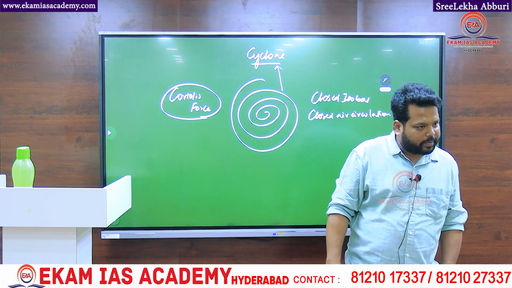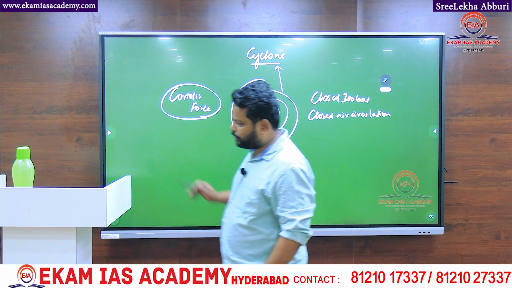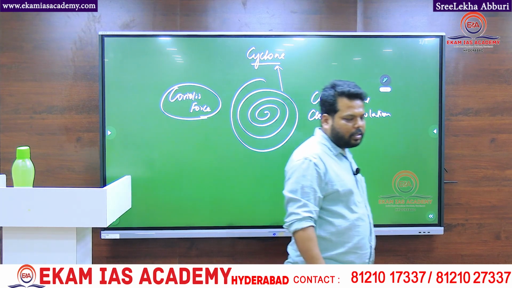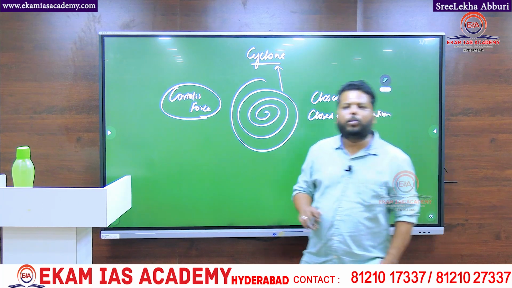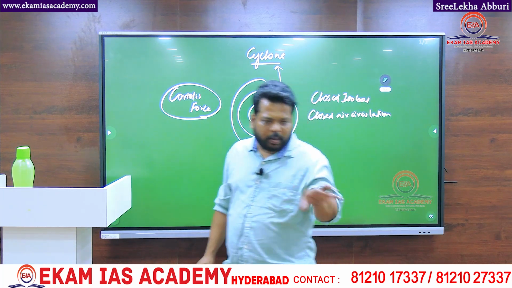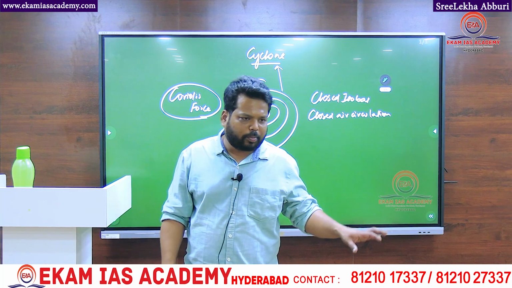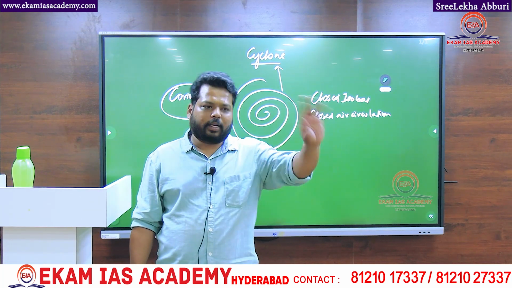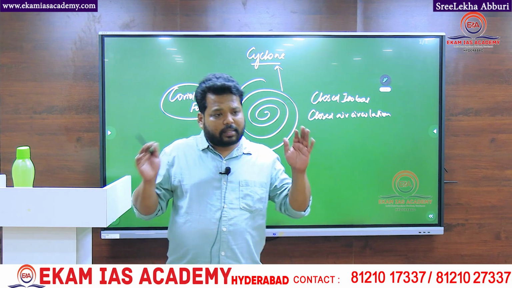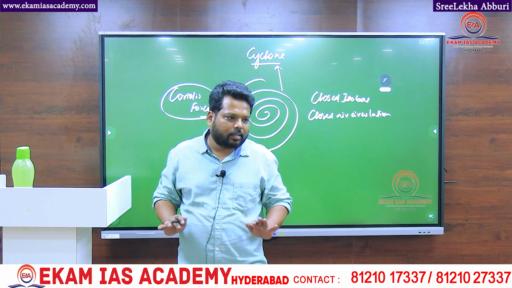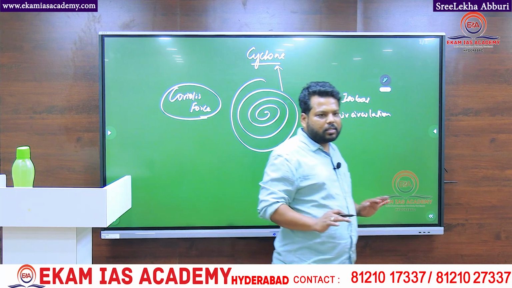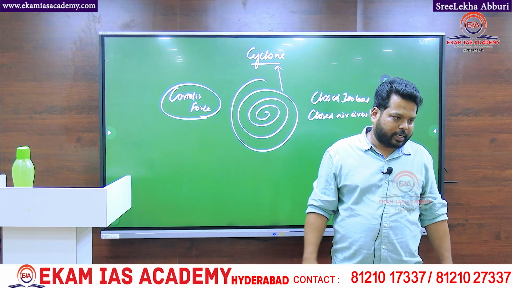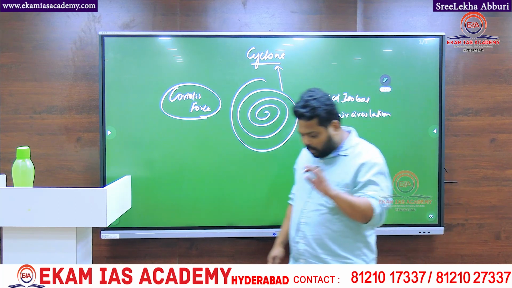Got this point, everyone? One more point. There are many aspects which make a cyclone form. It is not like one particular factor has influenced and the cyclone has been formed. There are some prerequisite conditions, ideal conditions on the basis of which a tropical cyclone would originate.